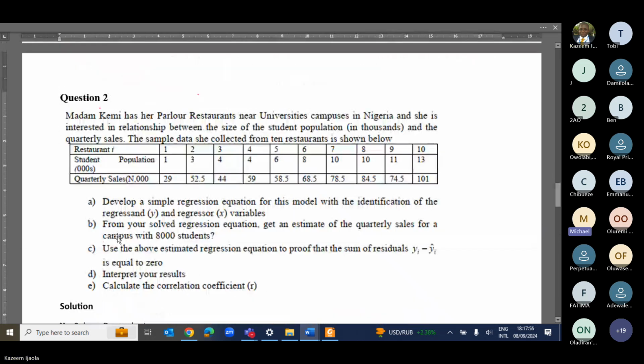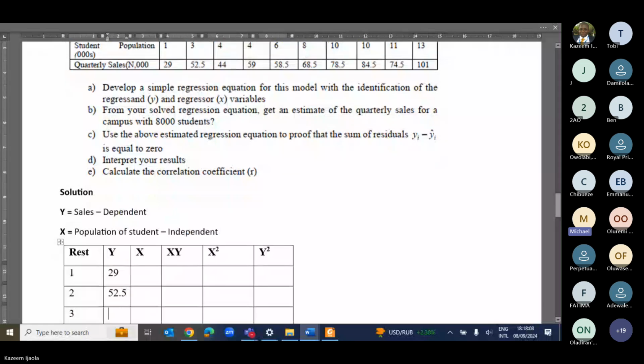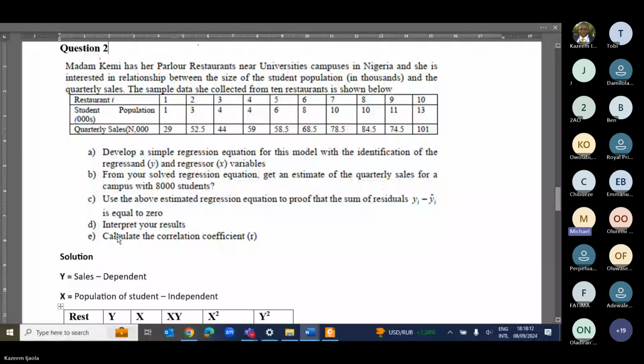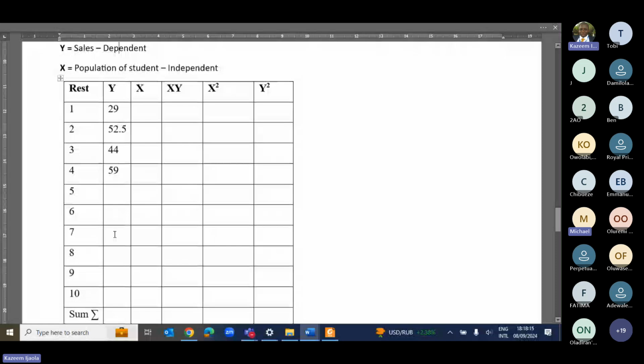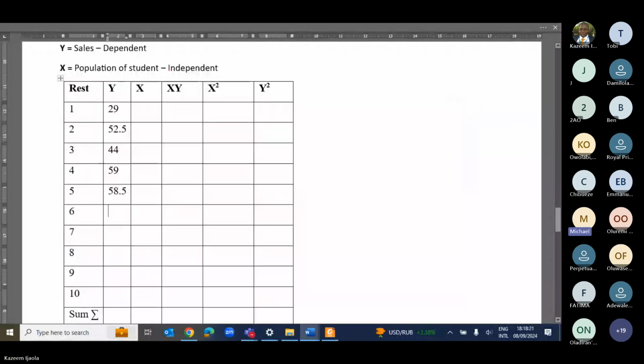Sales is 29, 52.5, 44, 59, 58.5, 68.5, 78.5, 84.5, 74.5, and 101.